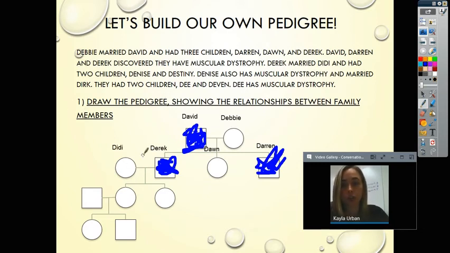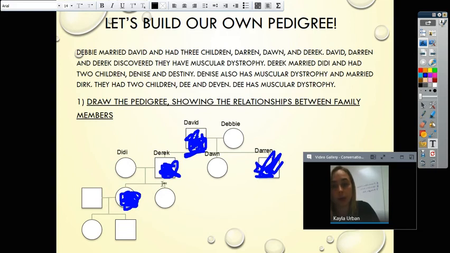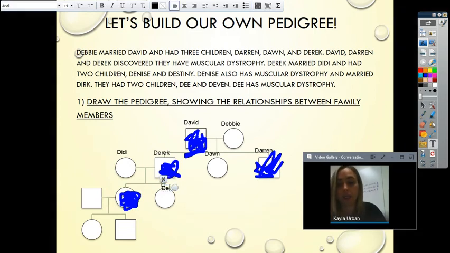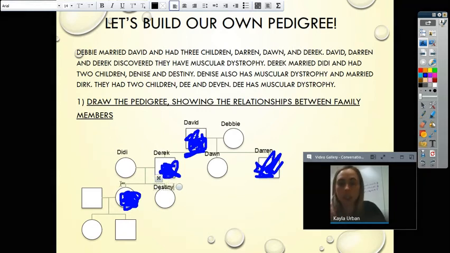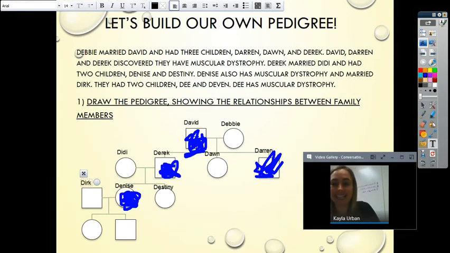They had 2 children. And they are Denise and Destiny. And Denise also has muscular dystrophy and married Dirk. So Denise must be this girl because she has muscular dystrophy and she married Dirk. So here we have Destiny and Denise. 2 kids, Dee and Devin.